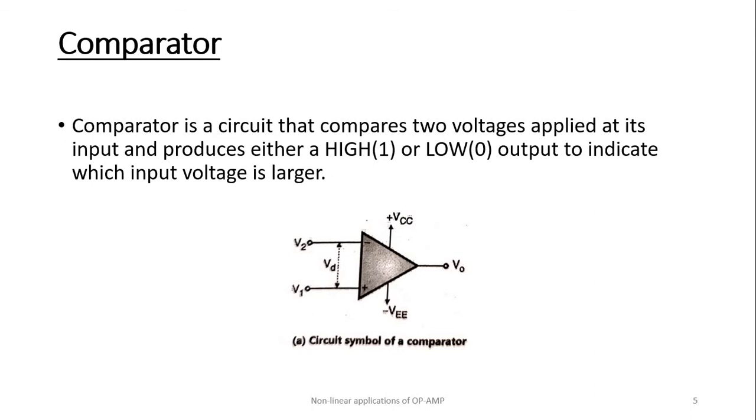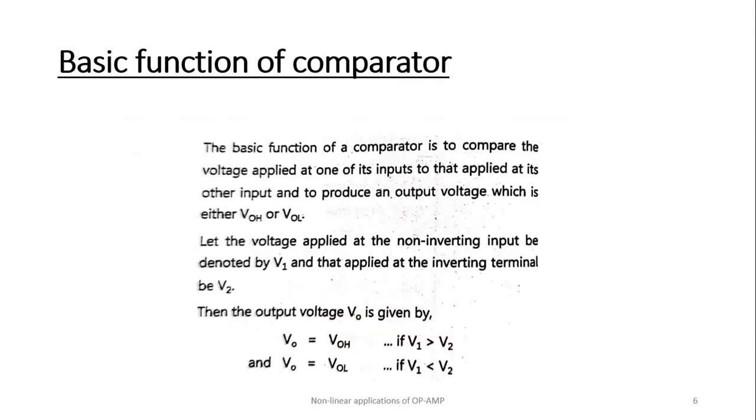Now, the basic function of the comparator. The basic function of the comparator is to compare the voltage applied at one of its inputs with that applied at its other input and to produce an output voltage which is either VOH or VOL, meaning V output high or V output low.